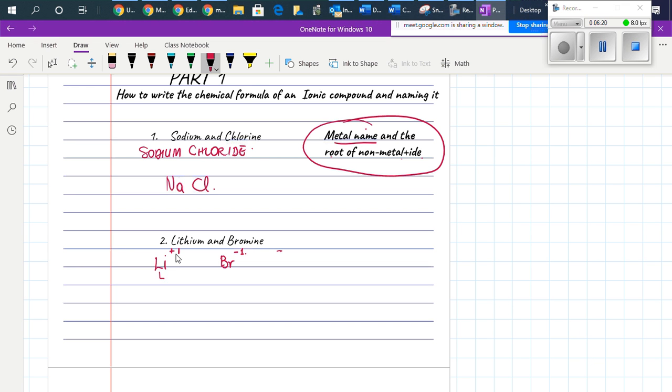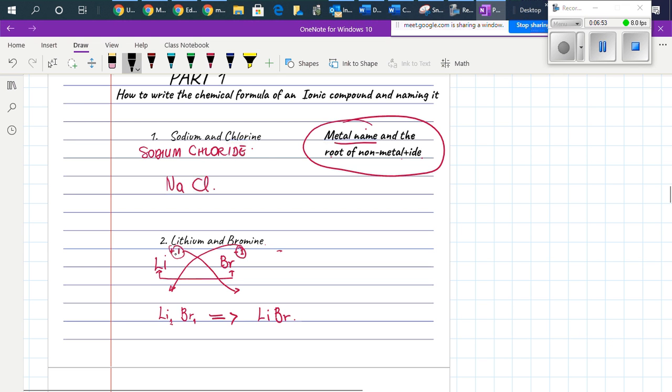So when those two are combined together, those charges will switch places. So lithium will be 1 and bromine will be 1. But in chemistry, we do not write 1. So the chemical formula for lithium and bromine will be LiBr.